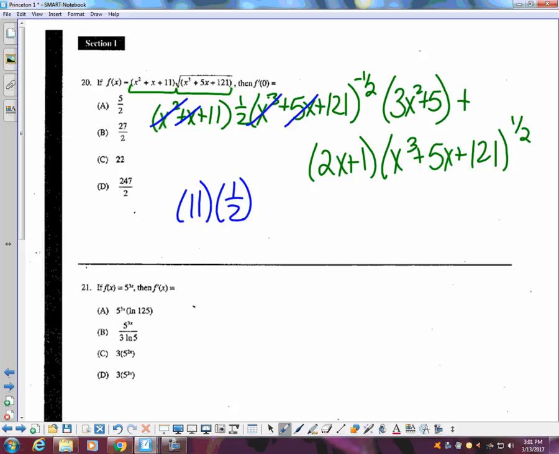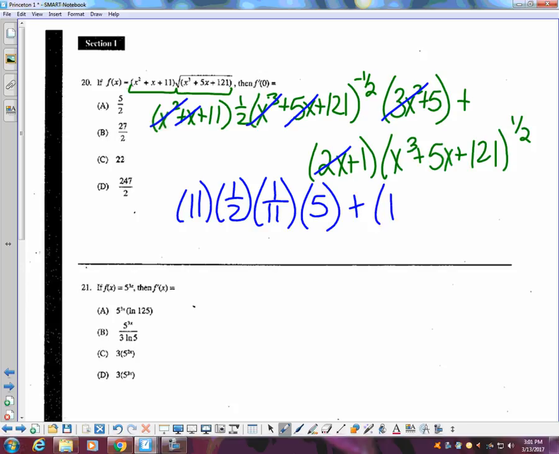That's a 121 to the negative 1/2. 1/11 times, he's gone, 5. Isn't it the square root of 121 on the bottom? Yes. Root him and move him.